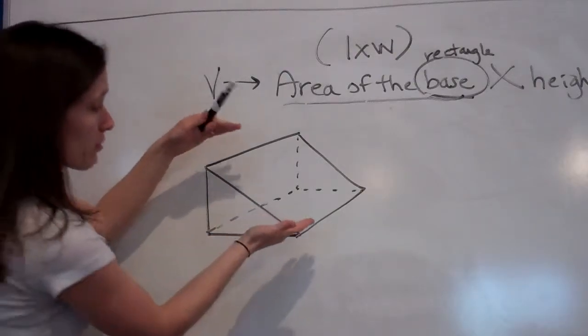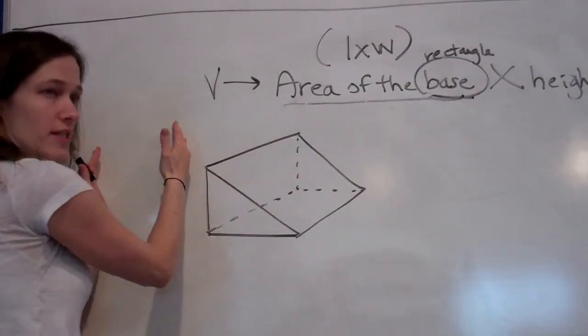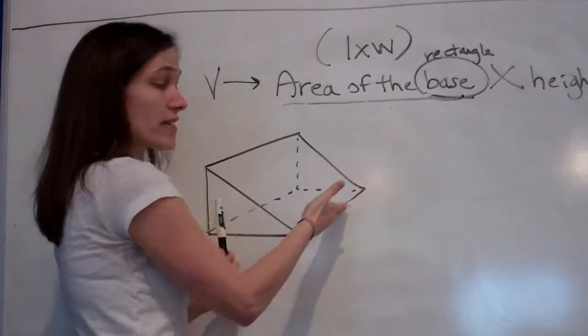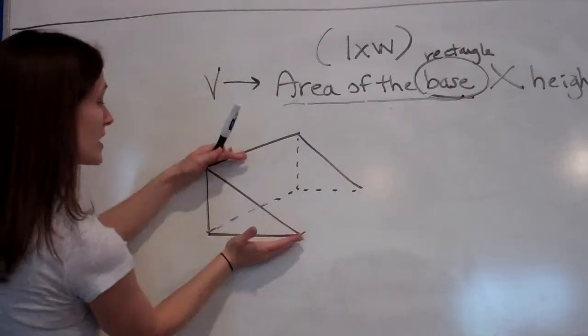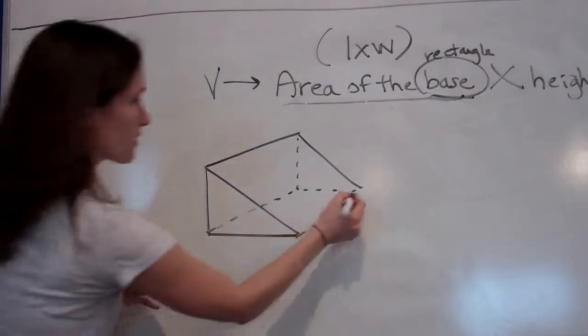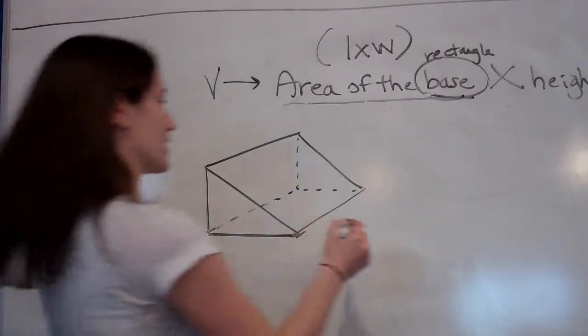Okay? So you're going to have to pretend that this prism is then set up on its side if you want to still see it as the base. Okay? So this right here is actually going to be what? The side. Not the side, the height. Because this is going to be sitting up. Okay? So, for example, I'm going to take this figure and I'm going to sit it up on its base. Okay? Because it's laying down right now.